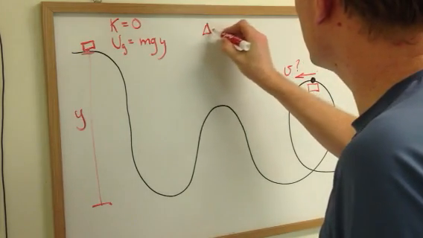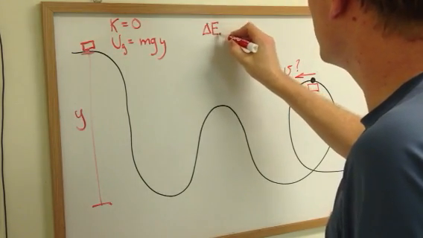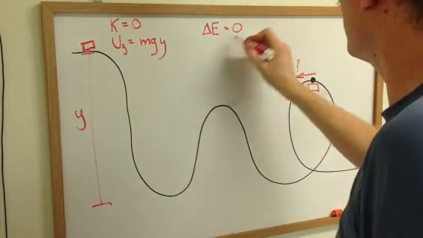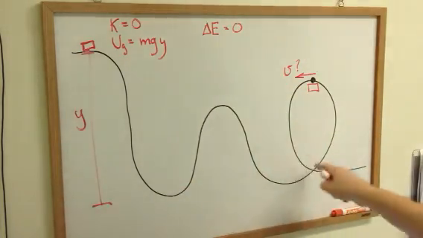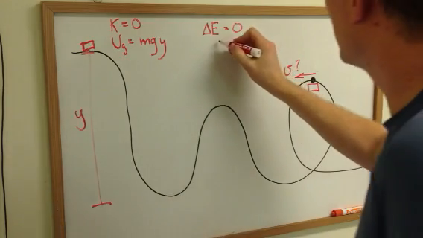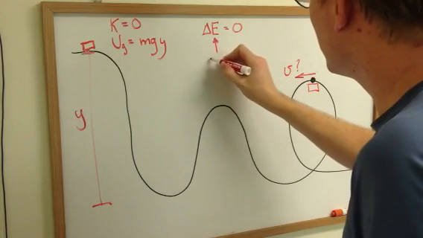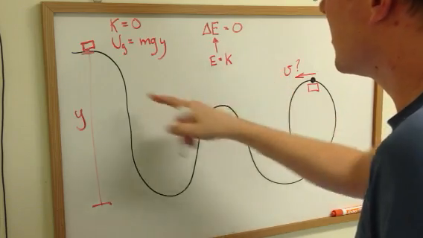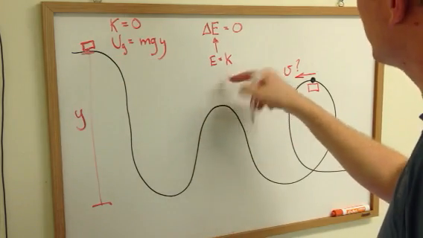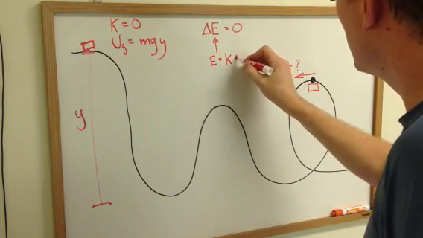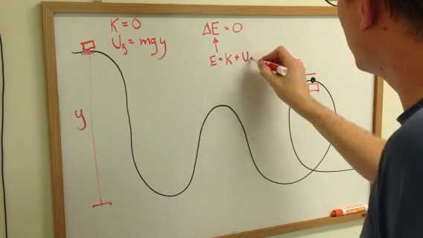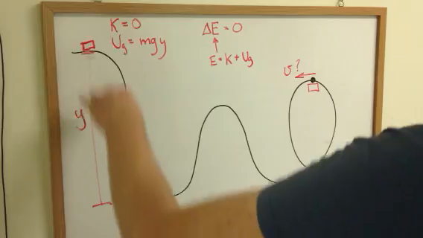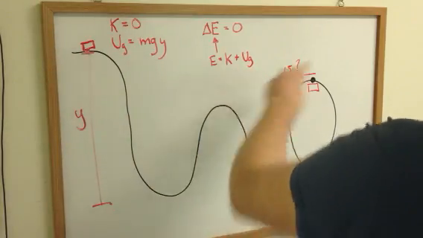Conservation of energy says the total energy doesn't change. So the energy at all of these different points will have different forms. And remember, the total energy is equal to the different forms of energy. How fast it's going is going to be represented by the kinetic energy, and how much potential energy it has just by virtue of its height in the gravitational field.